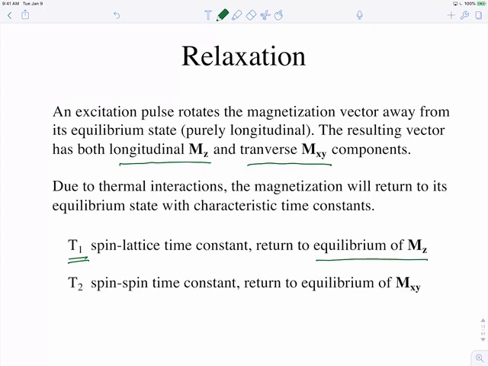For the transverse, we talk about T2, which is the transverse relaxation, and that's the return to equilibrium of MXY. Okay? So the equilibrium of this is going to be 0, and the equilibrium of this is whatever the equilibrium magnetization is. Right? So basically we want to look at the return to equilibrium, and if we play our cards right and design the pulse sequence correctly, we can take advantage of that return to equilibrium.